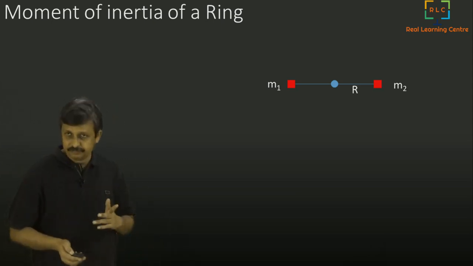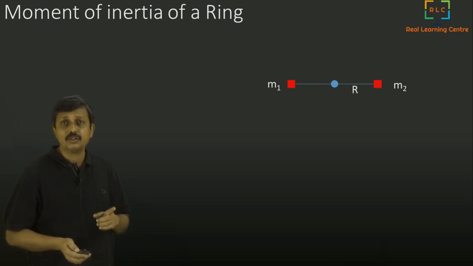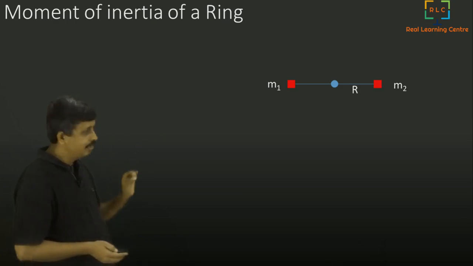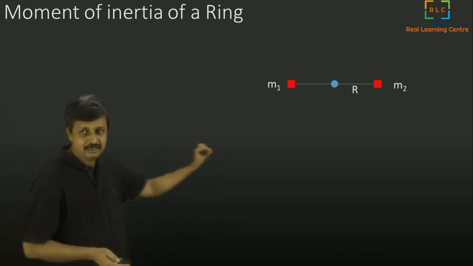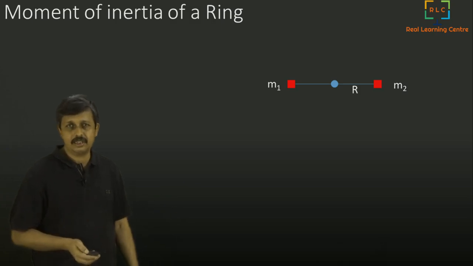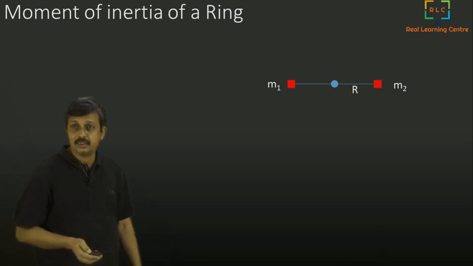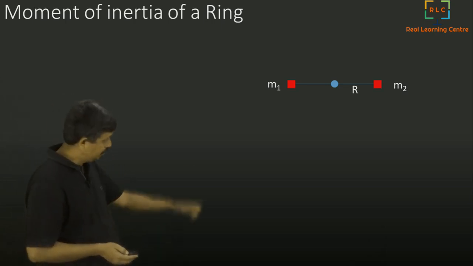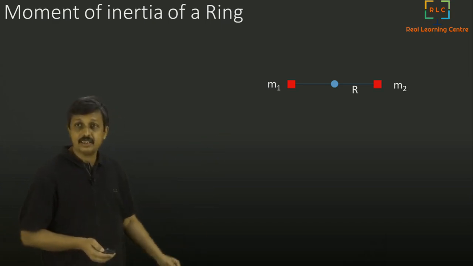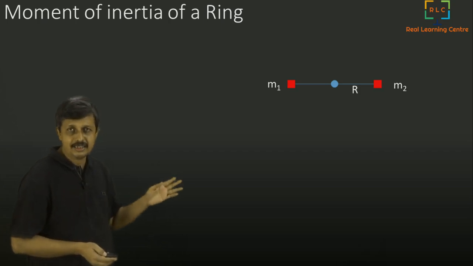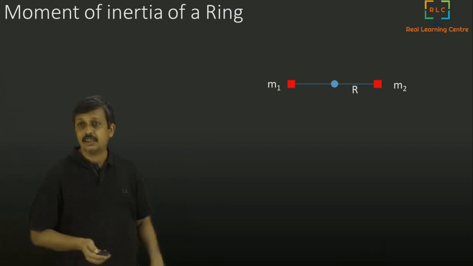Let us say first I am going to take two masses M1 and M2, connected by a massless, thin rod. It's just a theoretical thing, very low mass. So M1 and M2 are connected, and in the middle is the center, and R is the radius, the distance between the center and the mass.